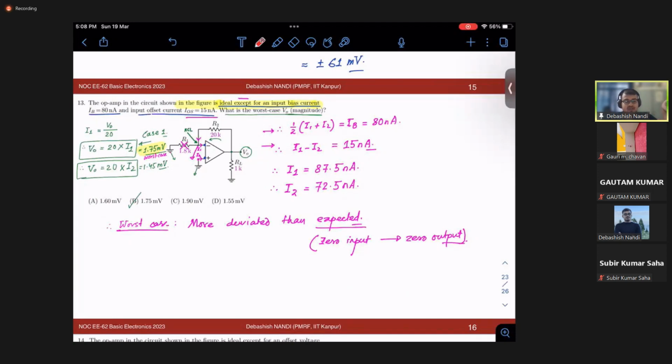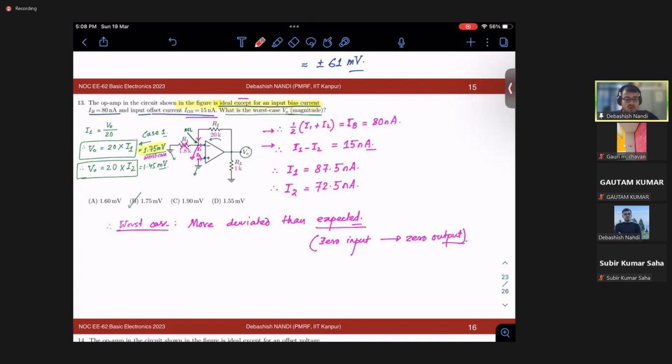So no current flows through the gate. That's why this problem will not be there in the MOSFET. You will remember this, right? Whenever somebody tells you that IB or offset base current is there, one conclusion you can draw is that this op-amp is made out of BJT-based circuits, right?